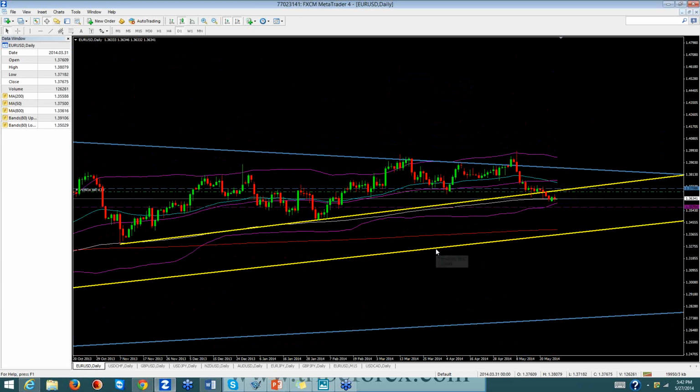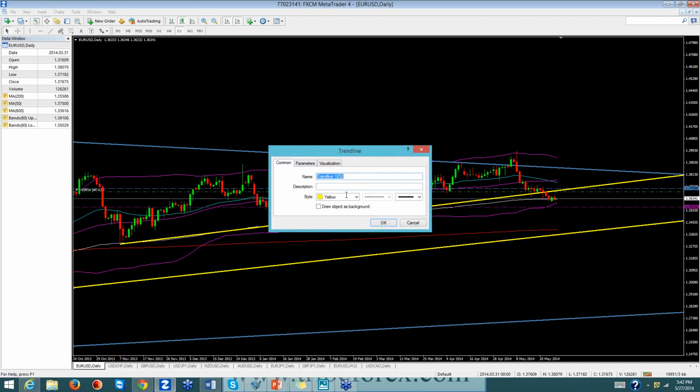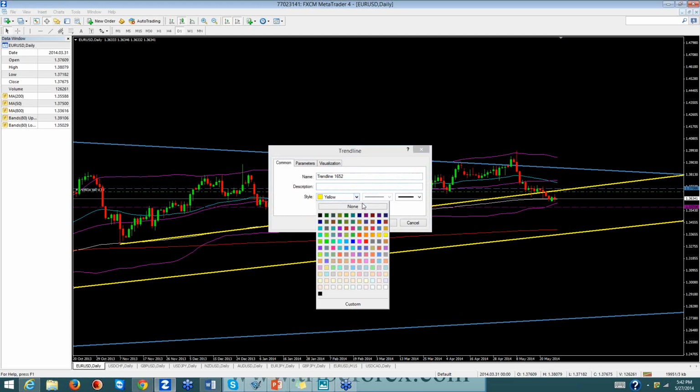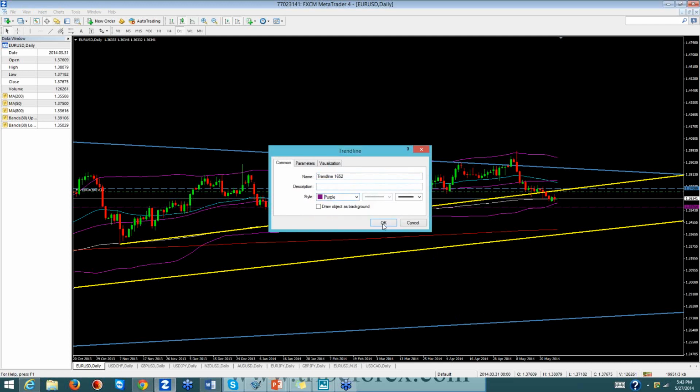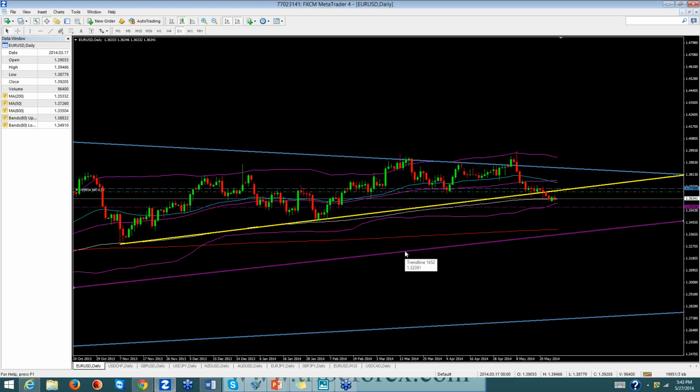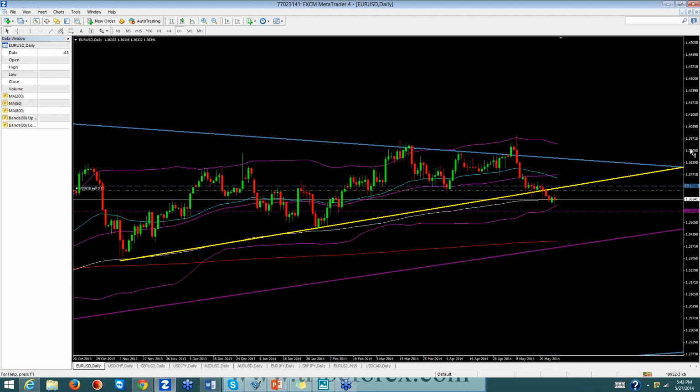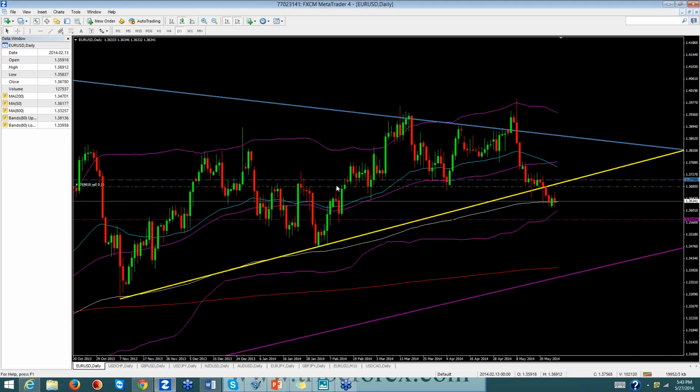Okay. So as far as the daily is concerned, we don't have another area of support and resistance that we can look to. But we have a provisional area of support and resistance.